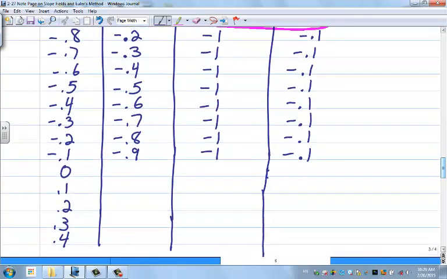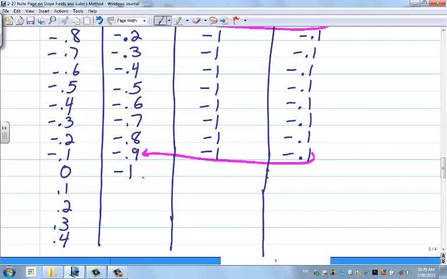So when we get to 0, we're going to take our delta y, and we're going to add it to our old y. So when we do that, we add it to our old y, and we get -1.